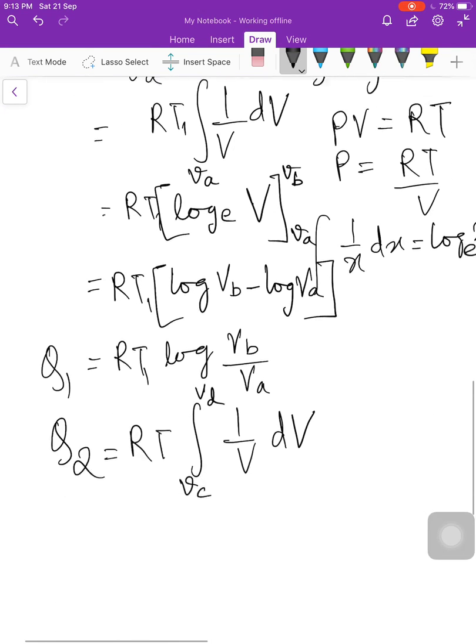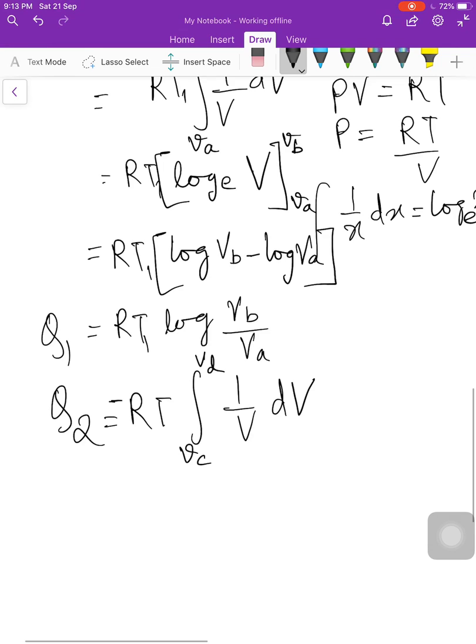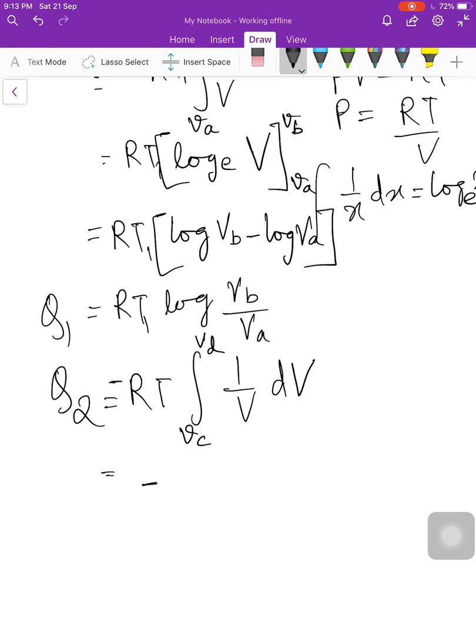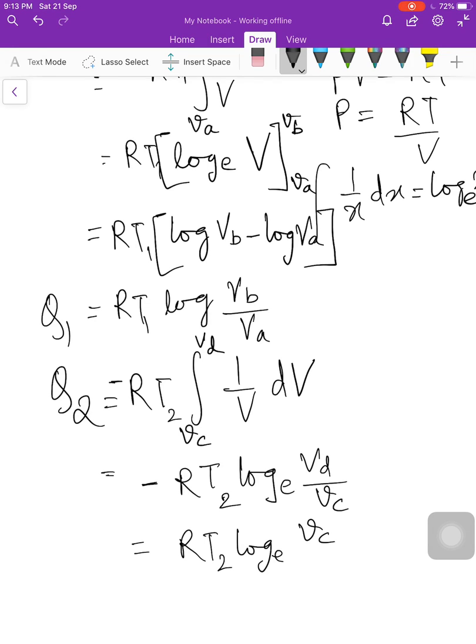So I'm going to add a minus here. So I'll get minus RT2 log e VD by VC, which is equal to RT2 log e VC by VD. So here I have arrived at the expression of Q2.